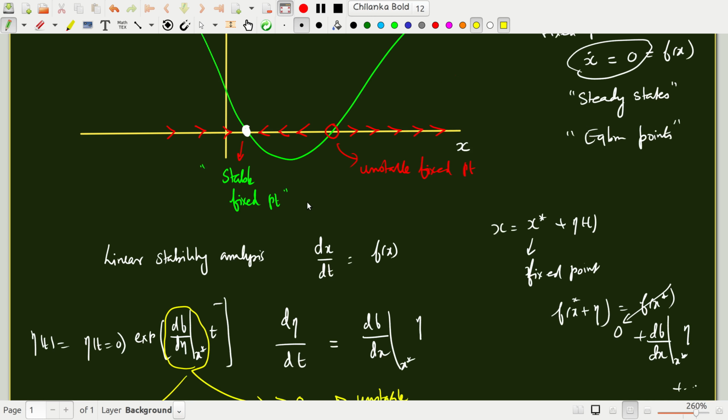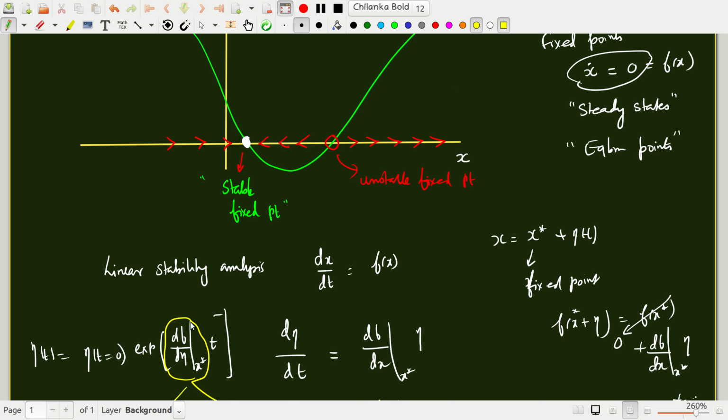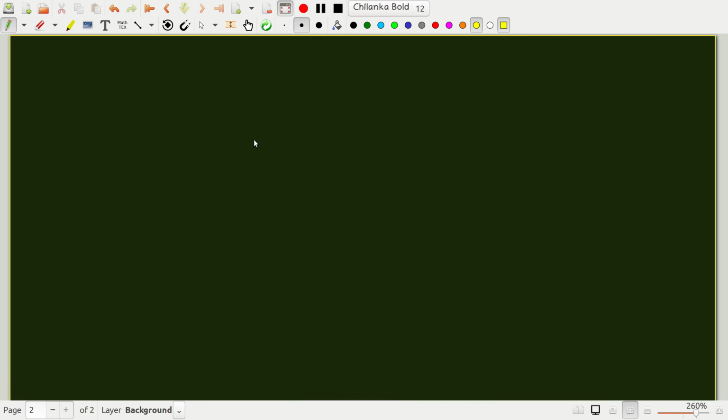So df dx at x star less than 0 means stable, which is what we found from the linear stability analysis, and is also borne out in this simple geometric picture. Note the slope here is negative, whereas the slope here is positive, so it's unstable. So this is stable.